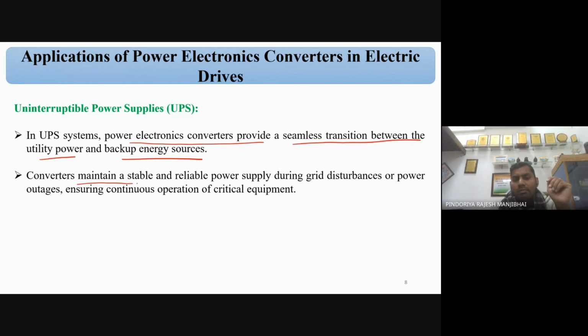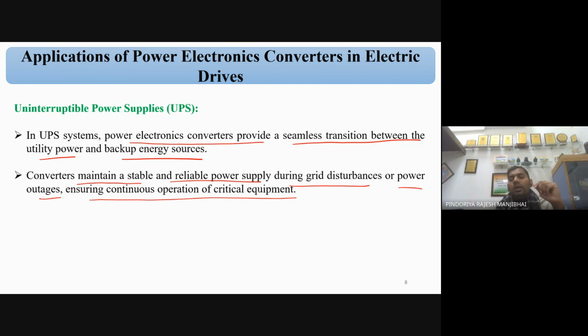Converters maintain a stable and reliable power supply. Yes, we want a stable power supply. If the power supply is not stable, then it will create harmonics. It will create THD, it will reduce the efficiency. That's why we want to maintain a stable voltage, so a reliable power supply during grid disturbance or power outage, ensuring the continuous operation of critical equipment.